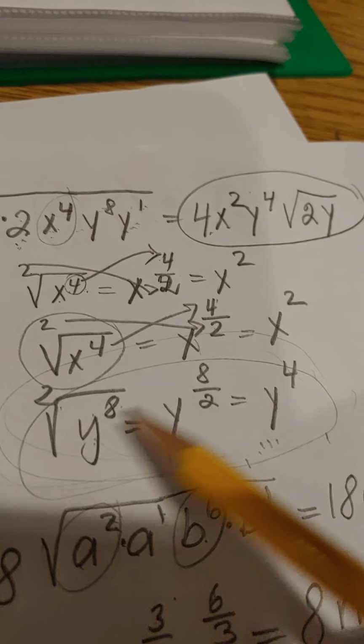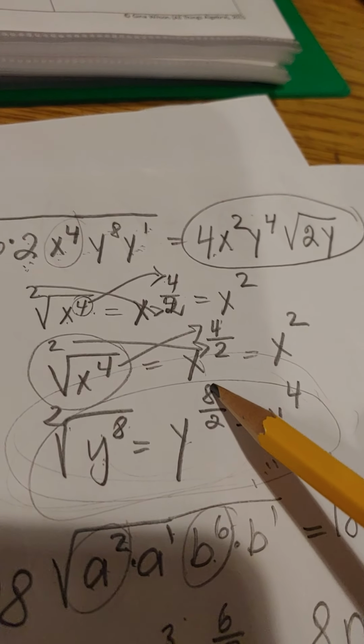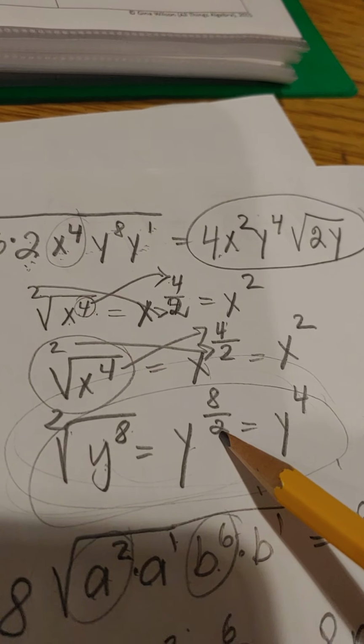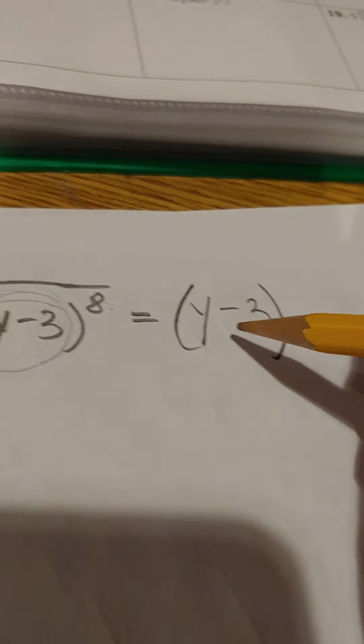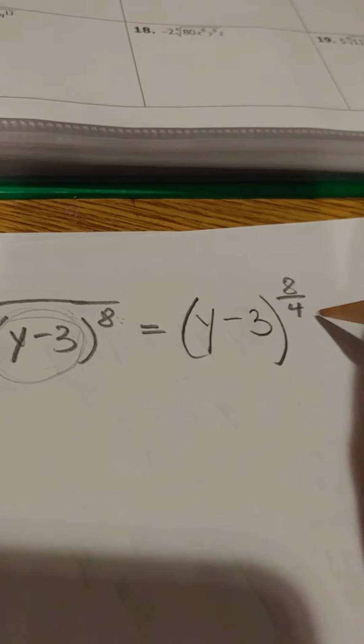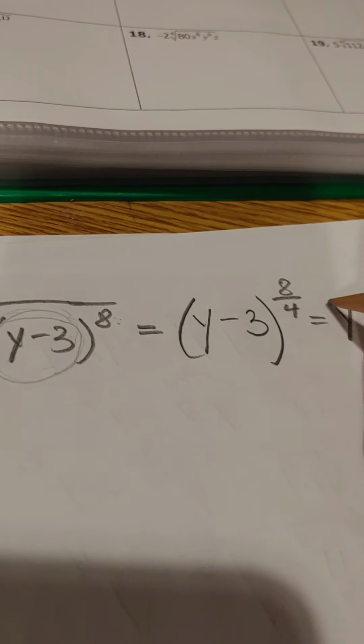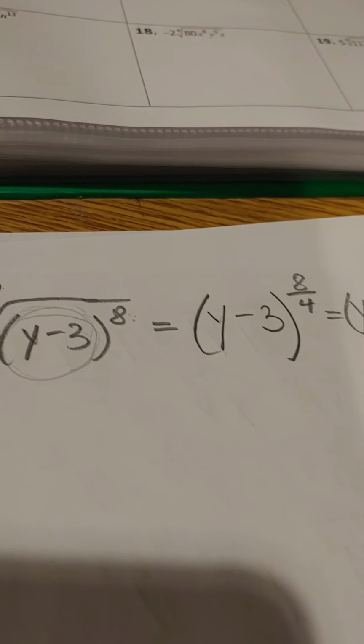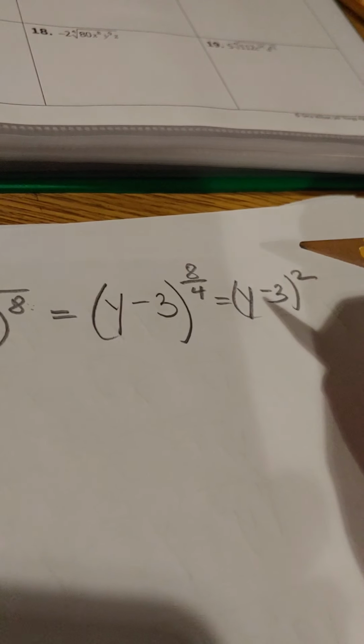Remember, it was that y, 8 was on top and 2 on the bottom of the fraction. That's all we're doing, but instead of y it's y minus 3. So 8 on the top, 4 on the bottom. So it's actually y minus 3 squared. And this is my answer.